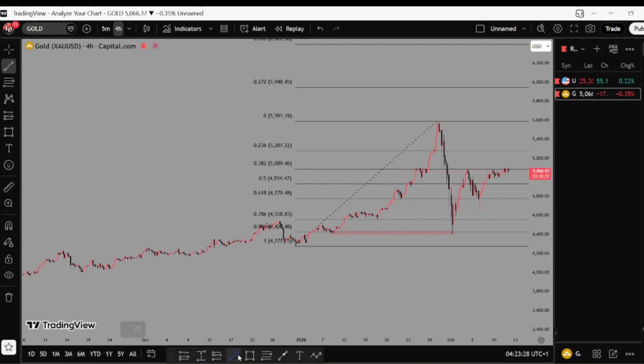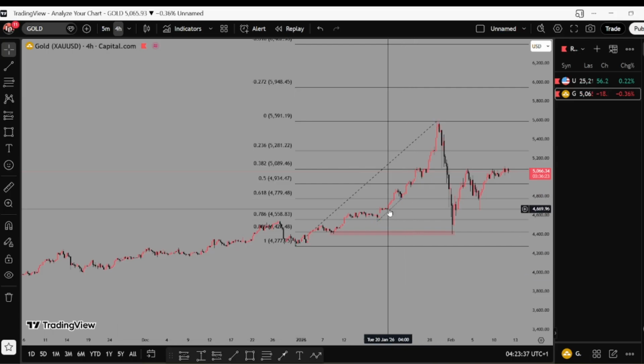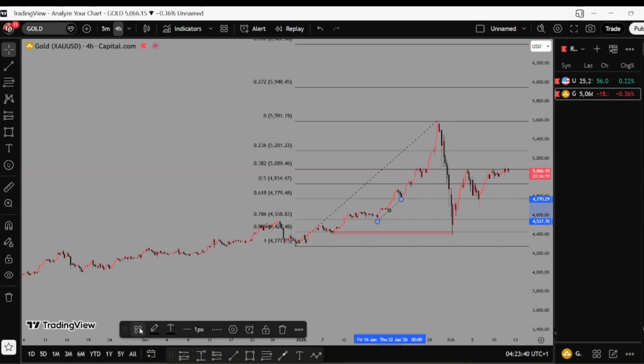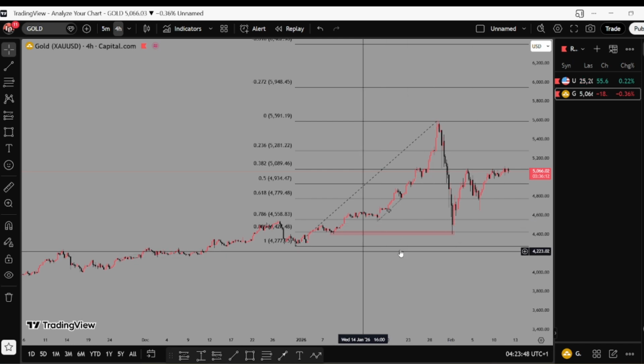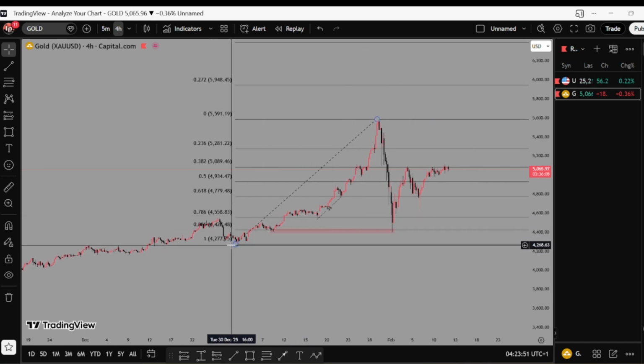To spot a liquidity point, look for levels which price would like to manipulate, which you can see. I'm going to use a dollar sign to show you this is a liquidity sign. It's quite simple. Get your swing low, know your break of structure, and then wait for your retracement.